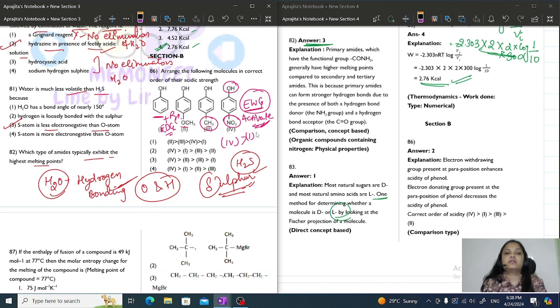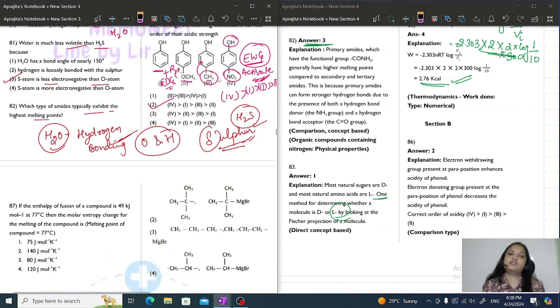So this one will come first, that is the third one, and OCH3 will come at the last, means it will be least acidic because of the higher electron donating nature. So 4 1 3 2 would be the answer, which is option number 2. CH3 actually has only plus I effect, but OCH3 has plus R effect also, because of which it deactivates the ring more than CH3.